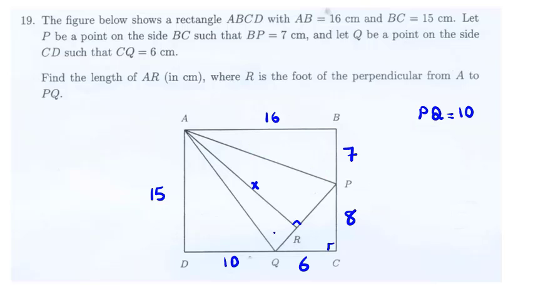If we find the area of APQ, then the problem will be solved. So the area of this triangle is 15 times 10 over 2, which is 5 times 15, 75. This times this over 2, 16 over 2 is 8, times 7, 56. This times this over 2, 4 times 6, 24.